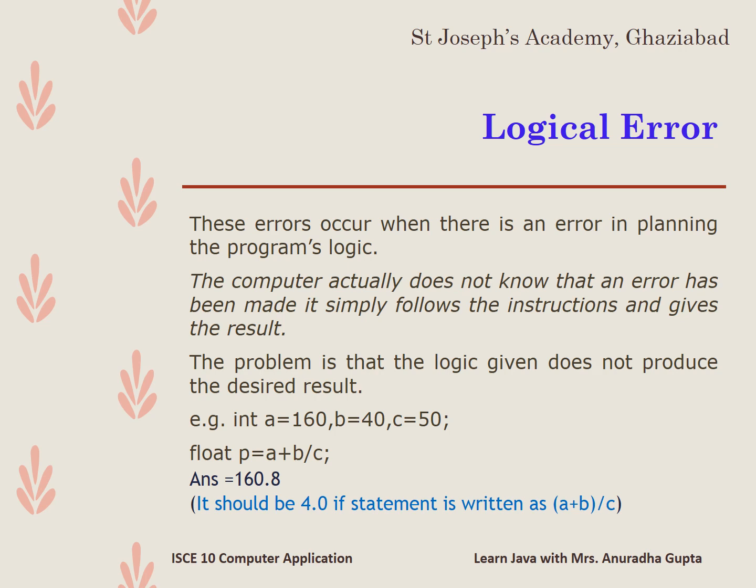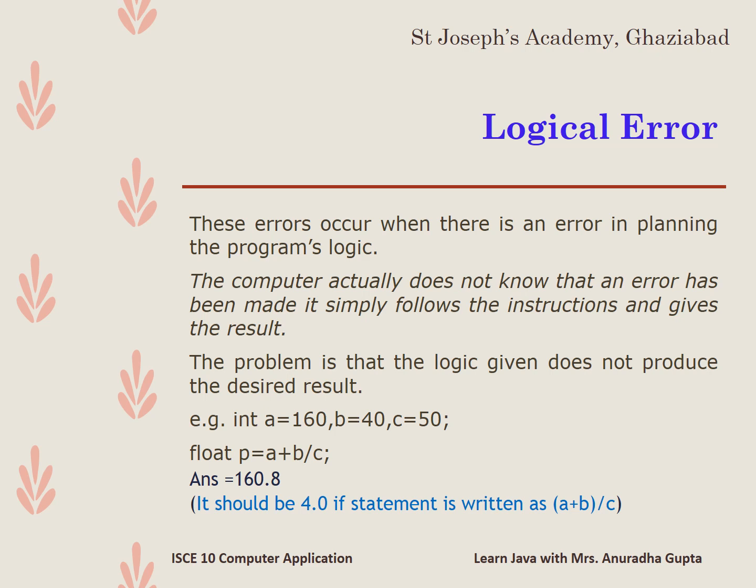Second type of error is logical error. When your program's planning is wrong, that comes under logical error. In a logical error, the program gives an output but not the desired output. Let's take an example here. Int a equals 160, b equals 40, c equals 50. And our expression is (a + b) divided by c.